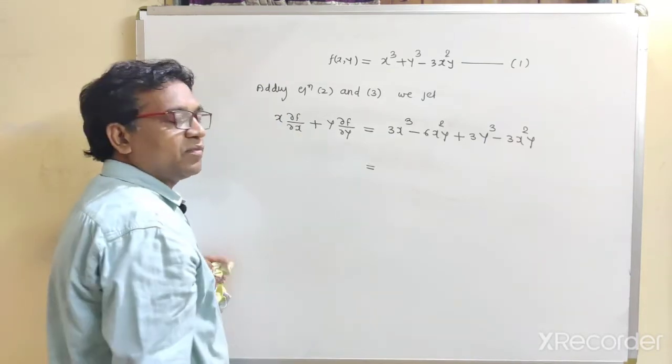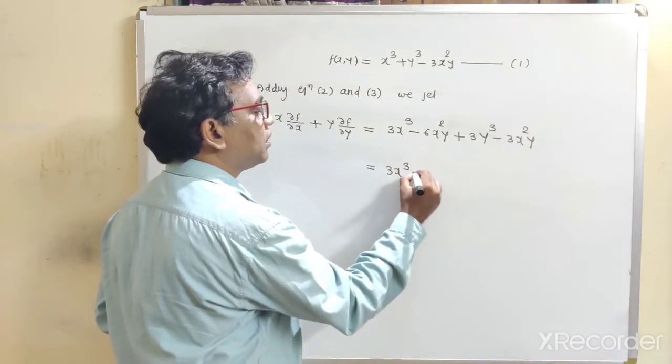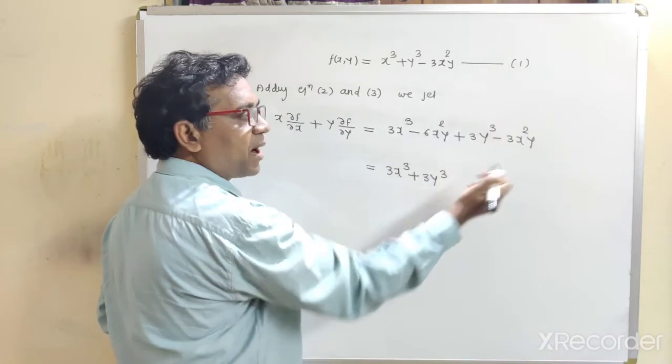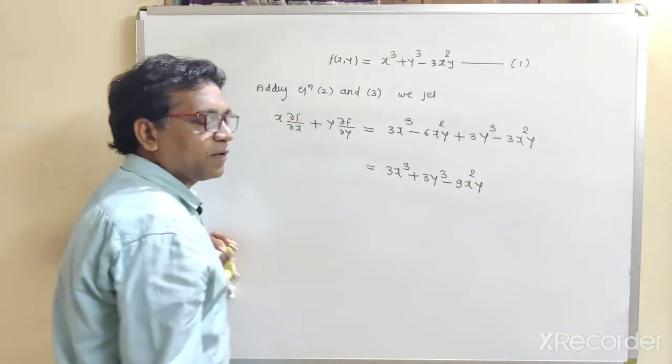So simplify, this is equal to 3x cube plus 3y cube minus 6x square y and minus 3x square y. So this is minus 9x square y.